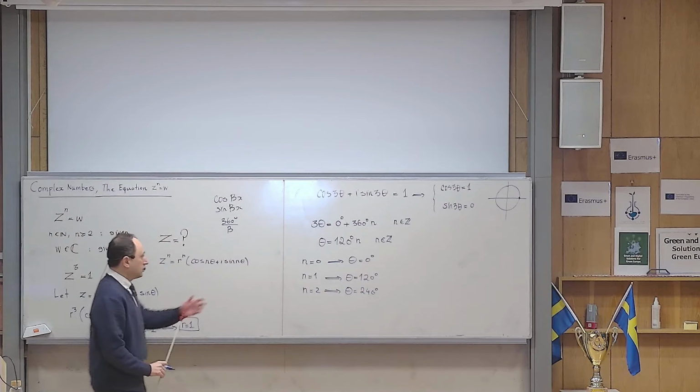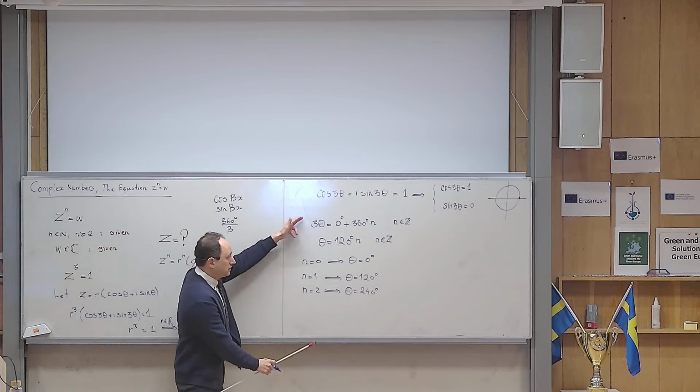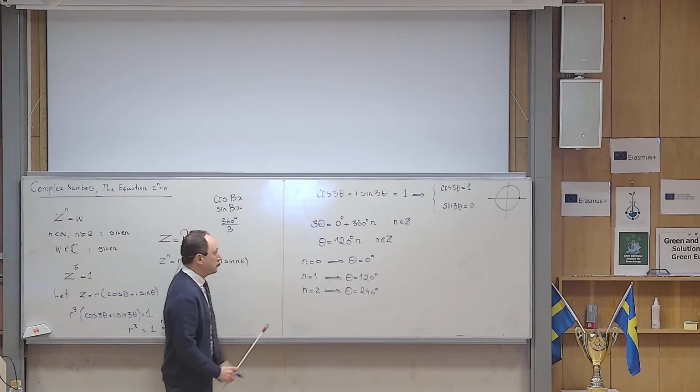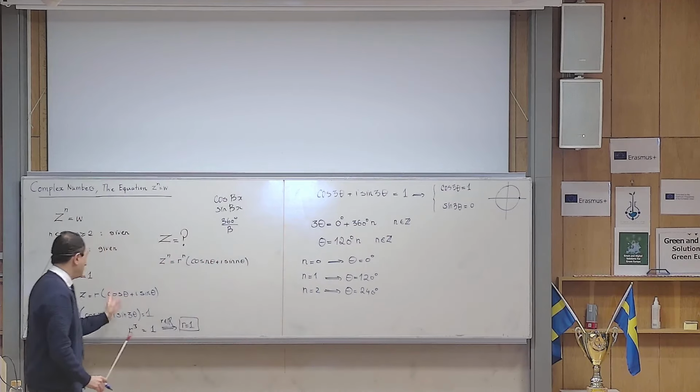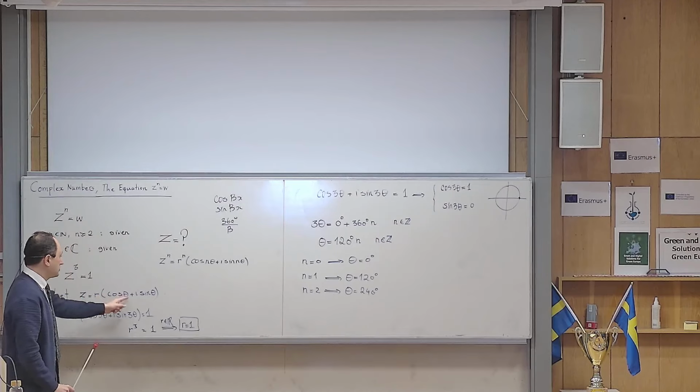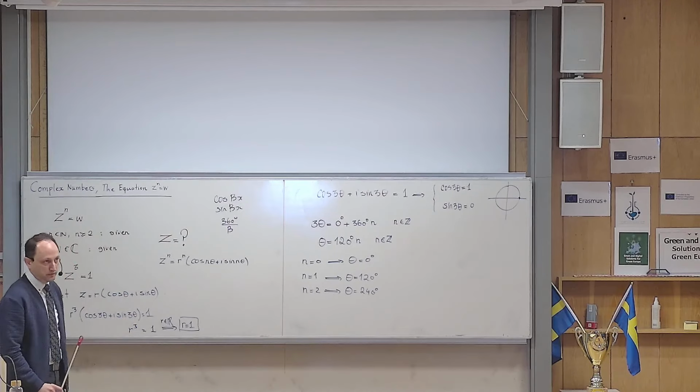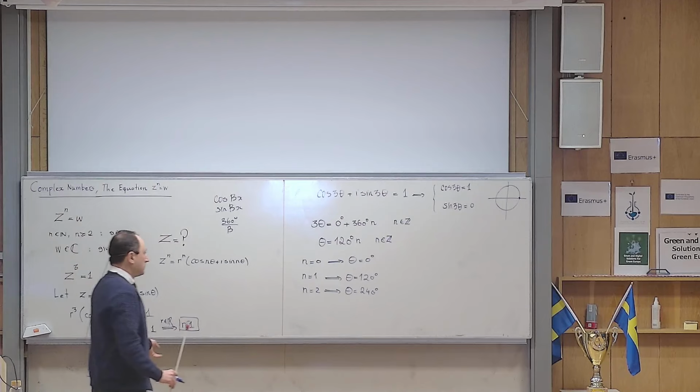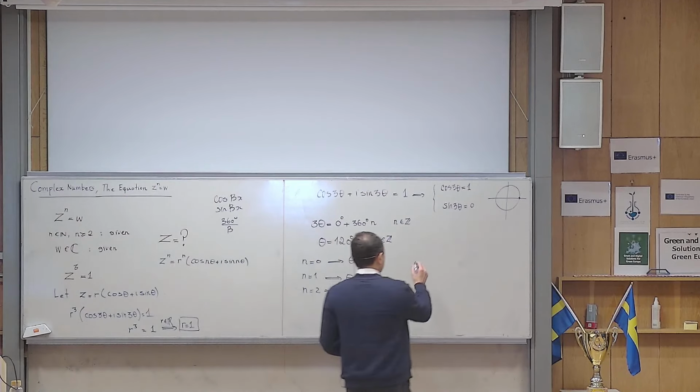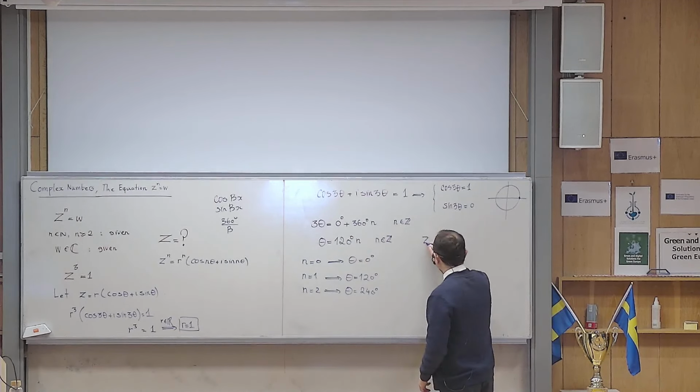There are infinitely many more, but they will not give rise to infinitely many different answers for z, because cosine and sine will repeat themselves. Okay, but now I need to write the answer. So I have three answers: z1, z2, and z3.